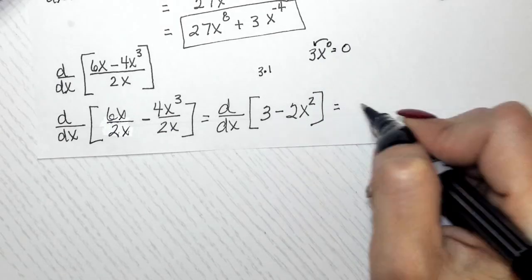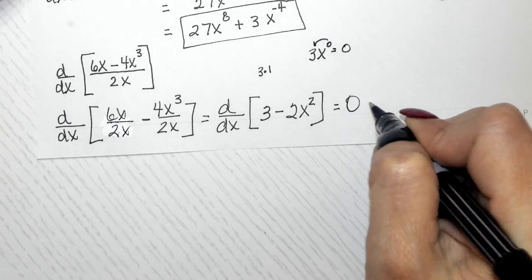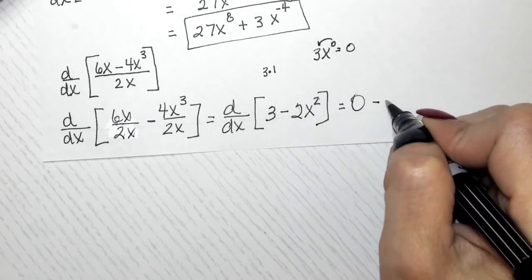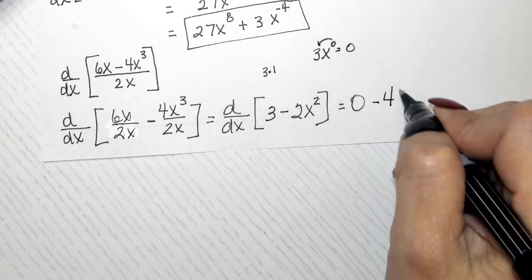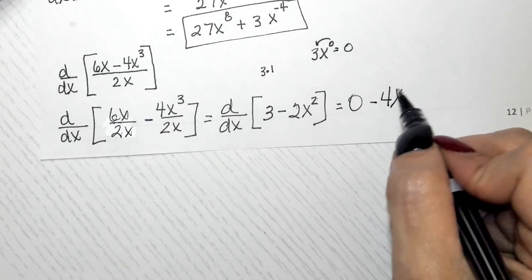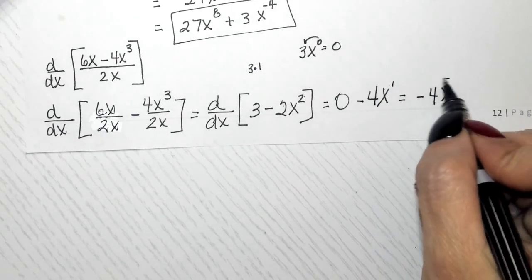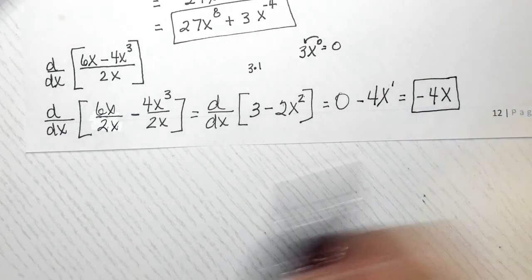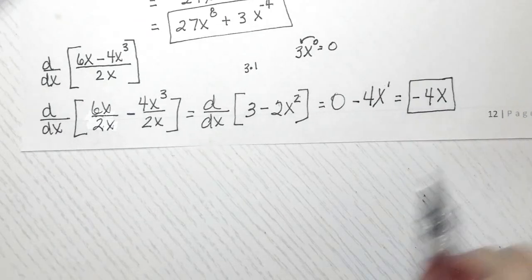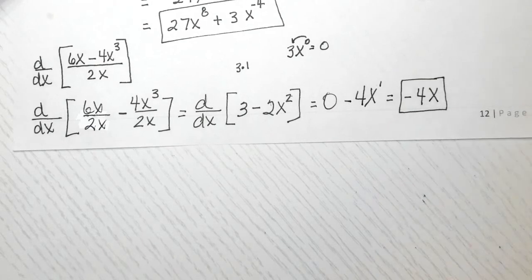So this becomes 0 minus; 2 times 2 would be 4, and then you decrease the exponent by 1. So this becomes negative 4x. And that would be my answer.